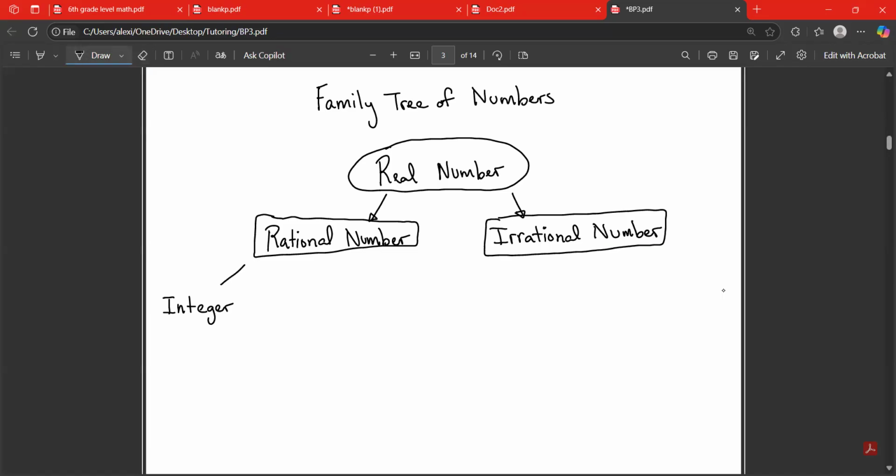If you're trying to draw this and you don't have enough space, maybe turn your paper to the side. So if you have to get another sheet of paper, turn it to the side to do it, that's okay. If you can fit it, then good. If not, get another sheet, turn it to the side. Whole number, and then the natural number.